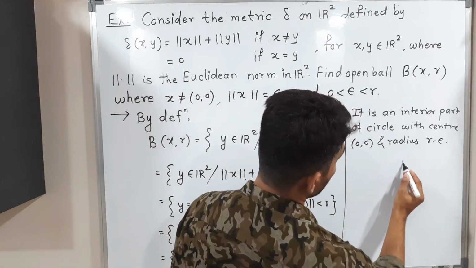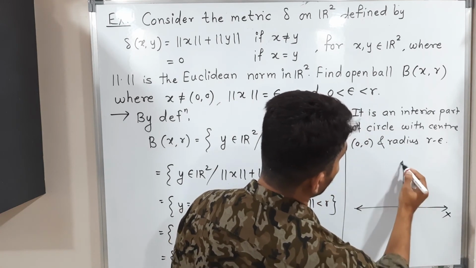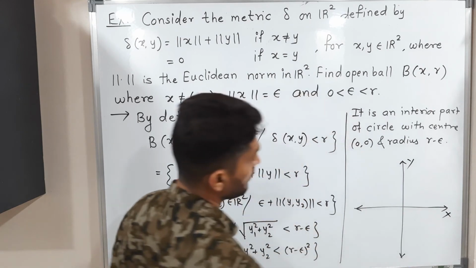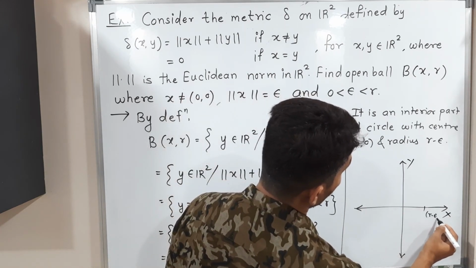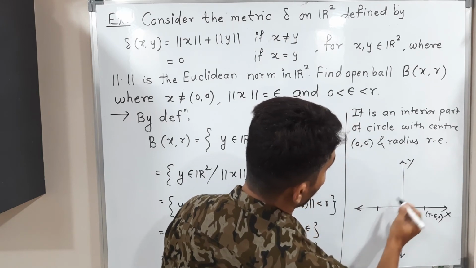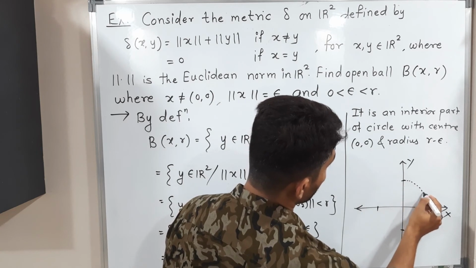So if I draw the circle, it will be like this. This is the x-axis, and this one is the y-axis. Suppose here is (r minus epsilon, 0), and on this side also we will have minus (r minus epsilon). So it will be a circle like this.